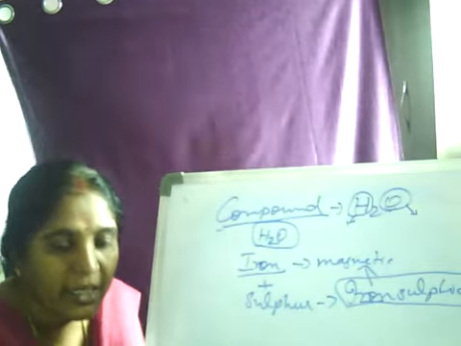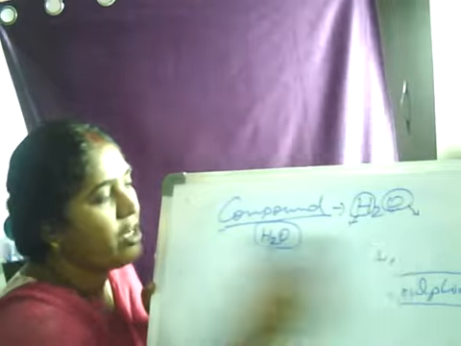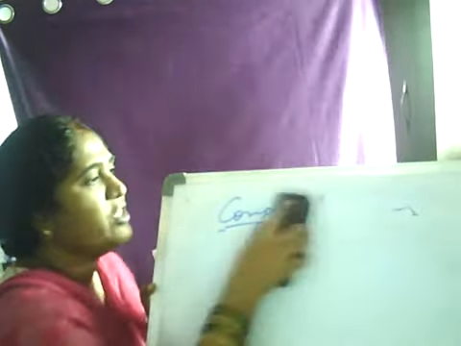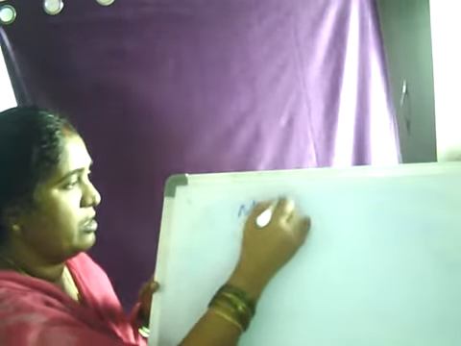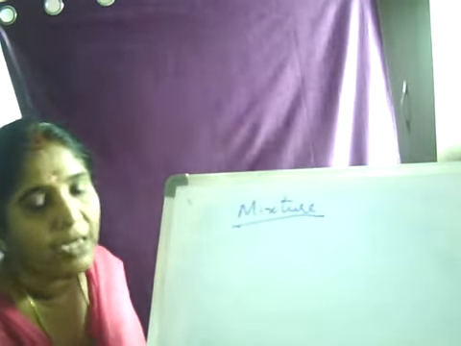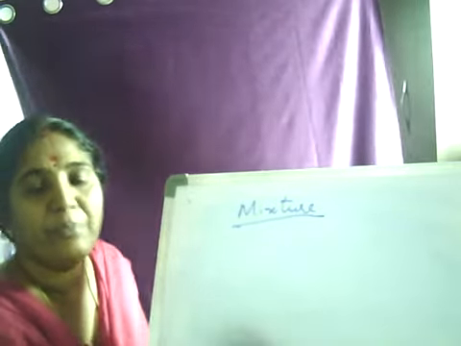Now next, coming to mixtures. What is a mixture? Mixture, I already told you, is an impure substance. For example, you learned about solutions last year. So here, a mixture is a combination of different atoms, but the proportion is not definite. Indefinite proportion.